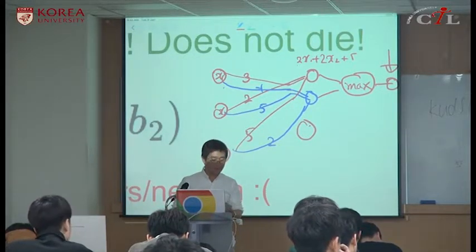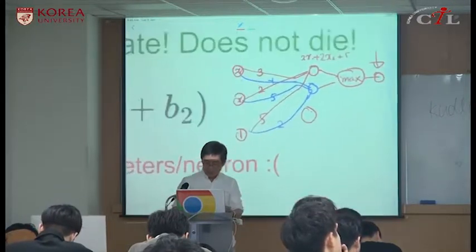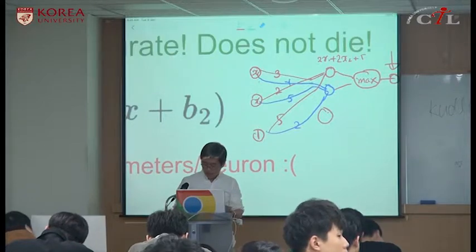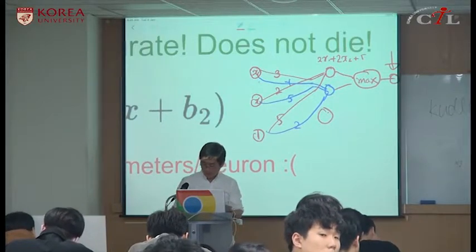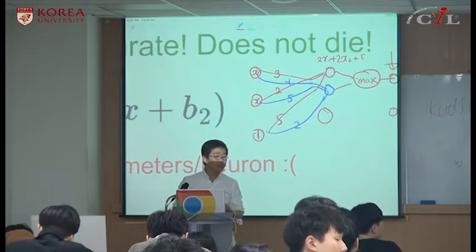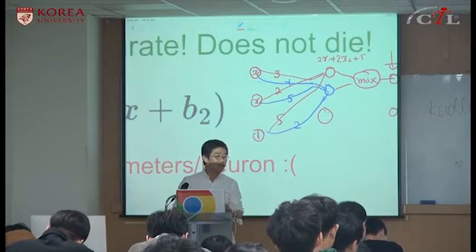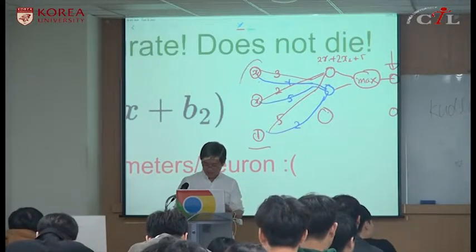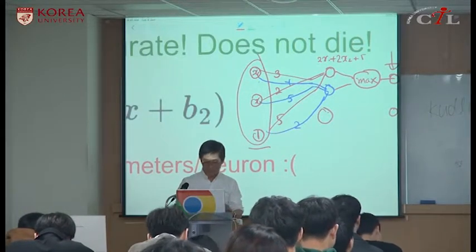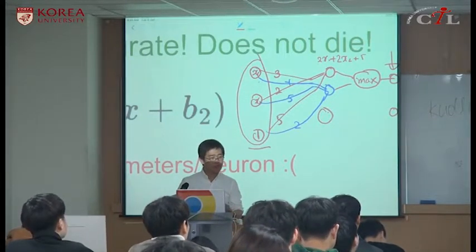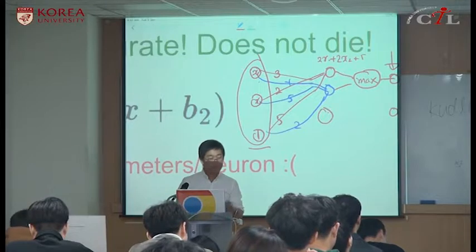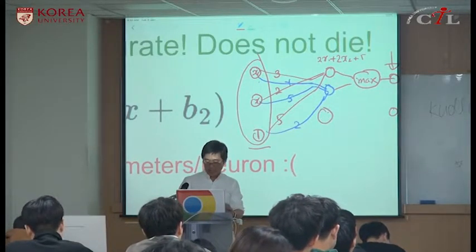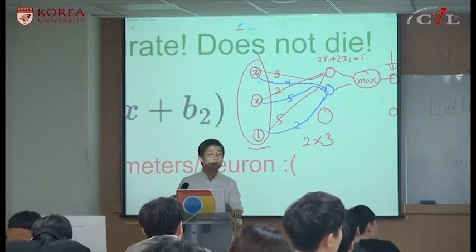Right? So in this case, suppose we have two output nodes in this Maxout unit, and we have this kind of input layer. How many parameters do we have to have? In the case of linear layers, it will be 2 by 3, right?